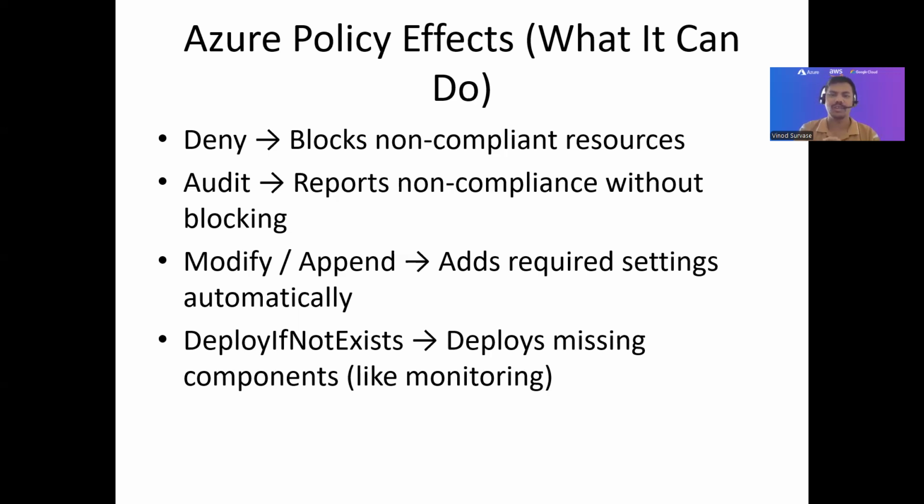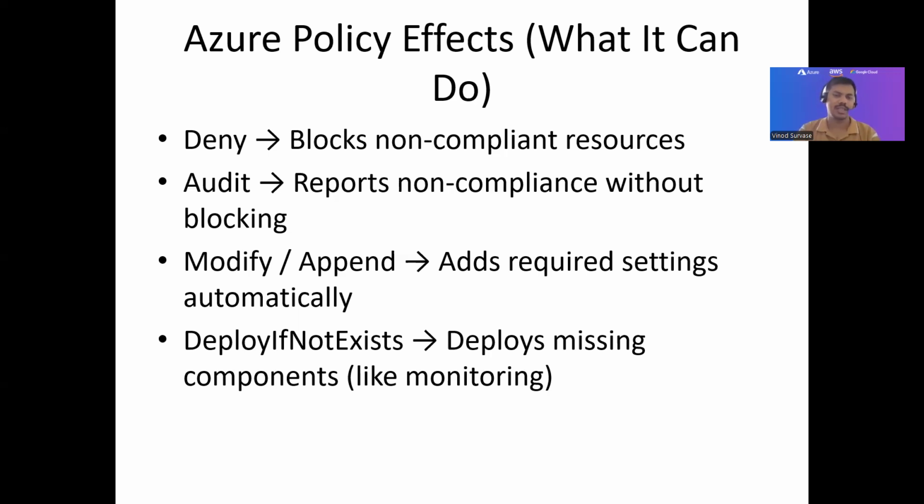For example, any workload we are creating, but we wanted to enforce the encryption on it, right? If it was not added during the creation, it is going to be enforced to go ahead and modify and add the encryption on top of that.